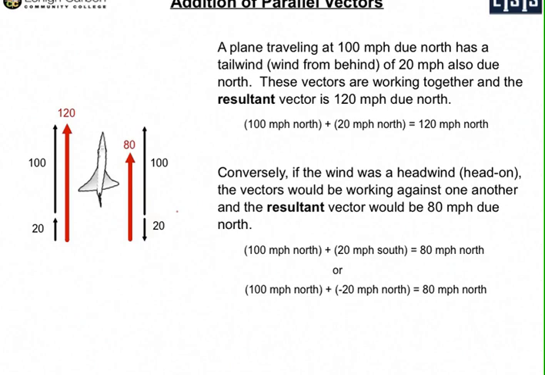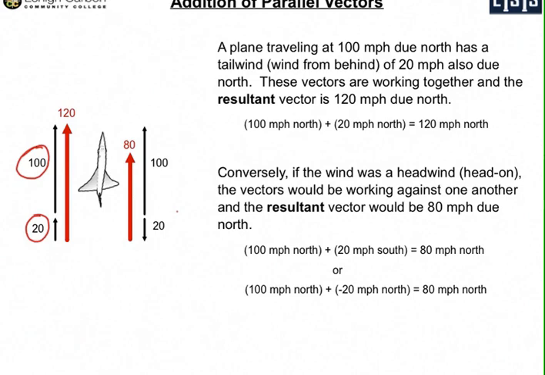Now, if the vectors that you're trying to add or subtract are in the same line, essentially parallel vectors, then addition and subtraction is very straightforward. As an example, we have a plane. The first part, we're saying the plane is traveling at 100 miles per hour due north, and there's a tailwind that's also heading due north at 20 miles per hour.